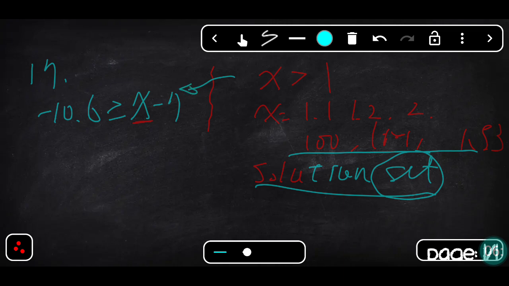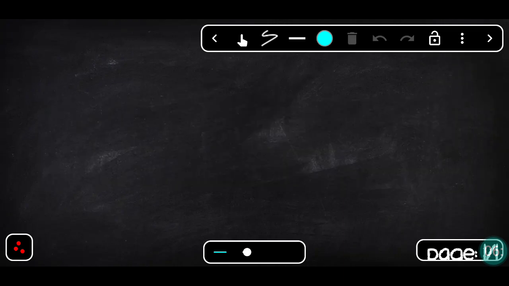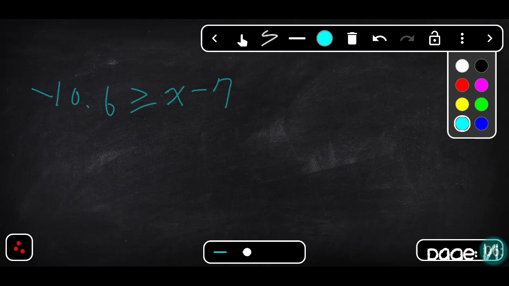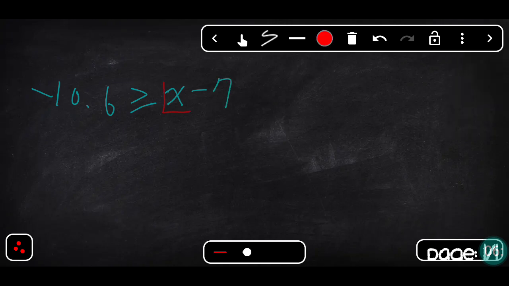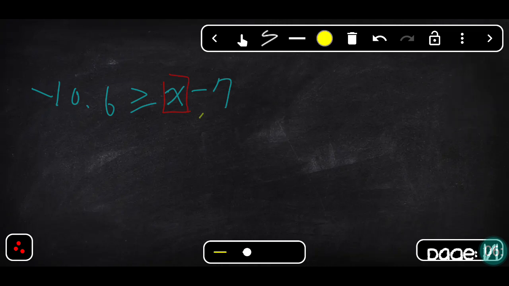Okay, we go back to our topic. Sorry, change to new page. Okay, negative 10.6 is greater than or equal to x minus 7. Again, what do we want to find out? The solution set of x. So we should move the negative 7 to the other side.